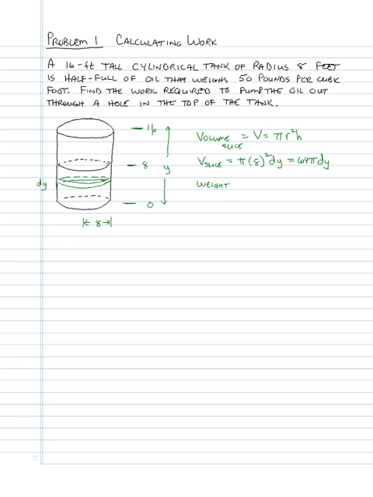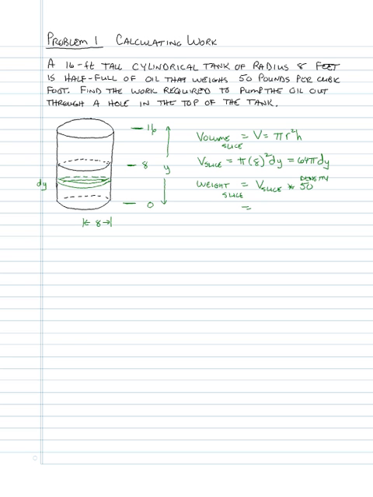Now the weight of that slice would be the volume times the density. It'd be the volume of the slice times how much it weighs per cubic foot, and that would be 50 in this case. That's the density.